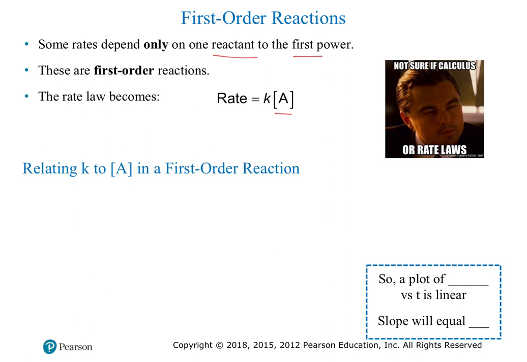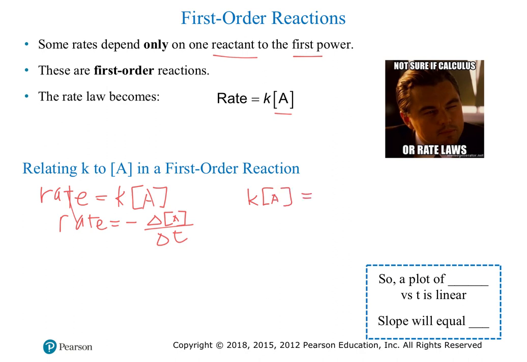So if we relate both definitions of rate, that rate equals k times A, as well as rate equals negative change in A over change in time, and set those equal to each other, since the rates are going to be the same, we get k times A equals negative change in A over change in time.